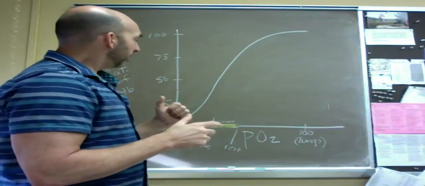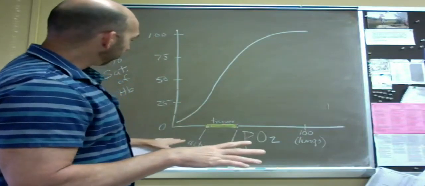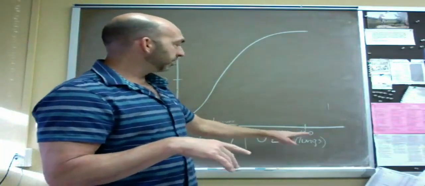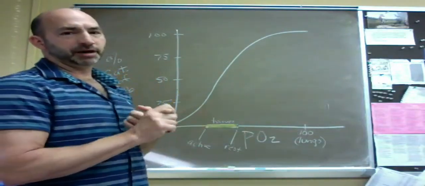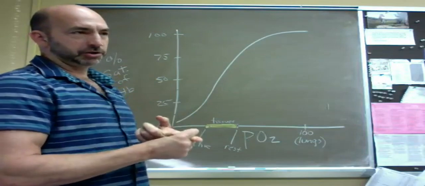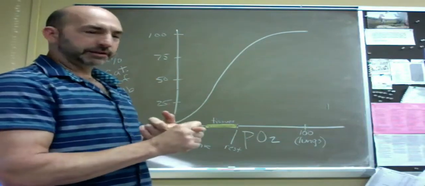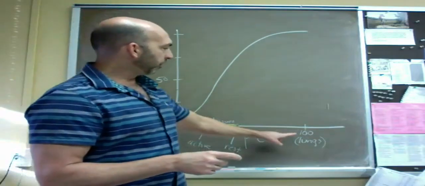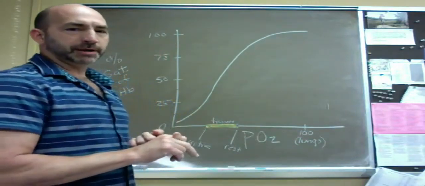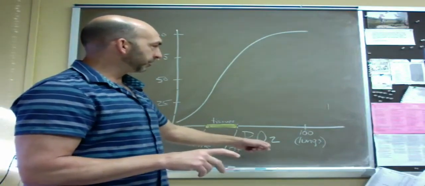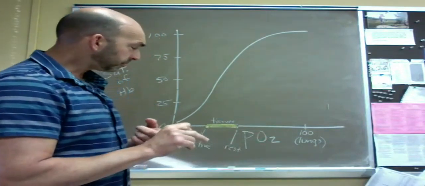First thing to point out before we start looking at the curve itself is that at a PO2 of 100 in the lungs, maintained by ventilation, explained by Boyle's law and things like that, we're going to keep the alveolar PO2 at about 100 millimeters of mercury. PO2 down here is always in millimeters of mercury.